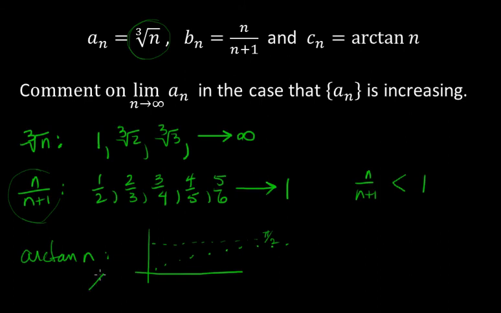We see that arctangent is a monotonic increasing sequence, and it is bounded above by pi over 2. Well, if it's bounded above by pi over 2 and yet it is always increasing, then it must converge, because a sequence that is increasing that doesn't converge has to get large, that is not bounded above, has to get large without bound. It has to go to plus infinity. So this will converge, and in fact we know it converges to pi over 2, its least upper bound.